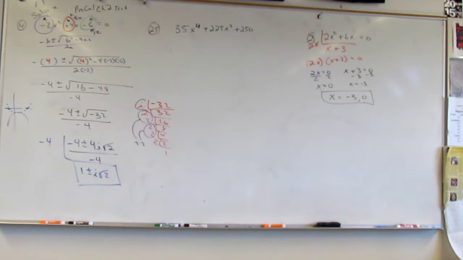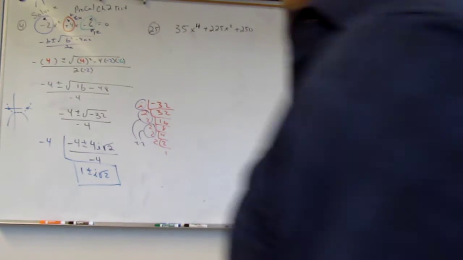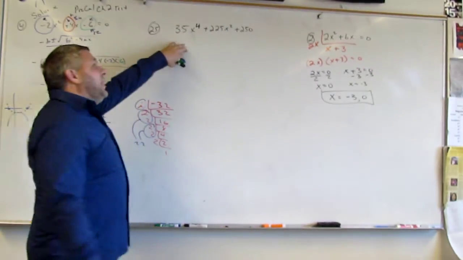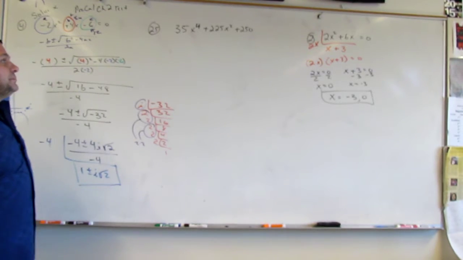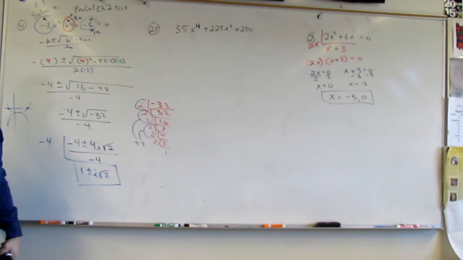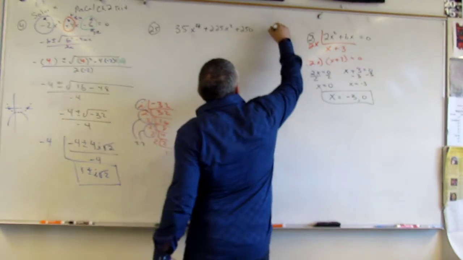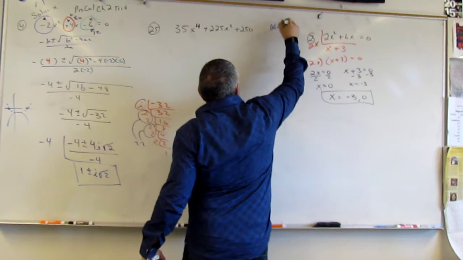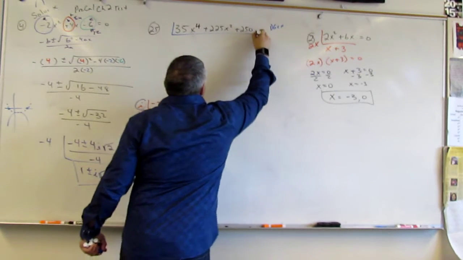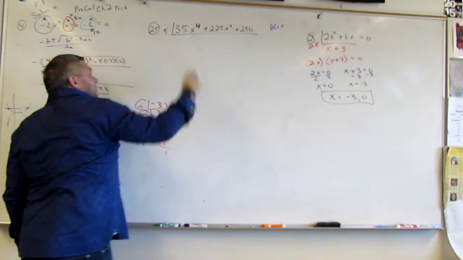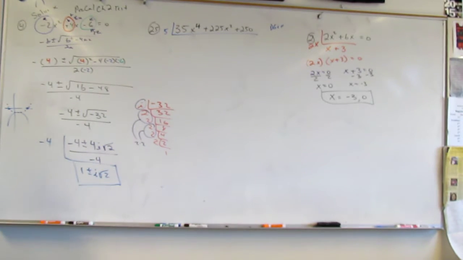Factoring. Whew, this is a good one. Okay? This one's tough. This is a big factoring problem. It's not that bad. What's your first step to factoring? GCF. What's the GCF? What goes into all of this? 5, right? Okay?